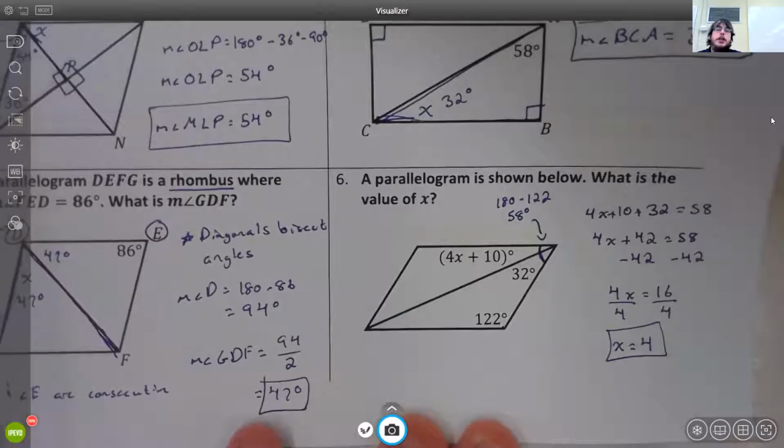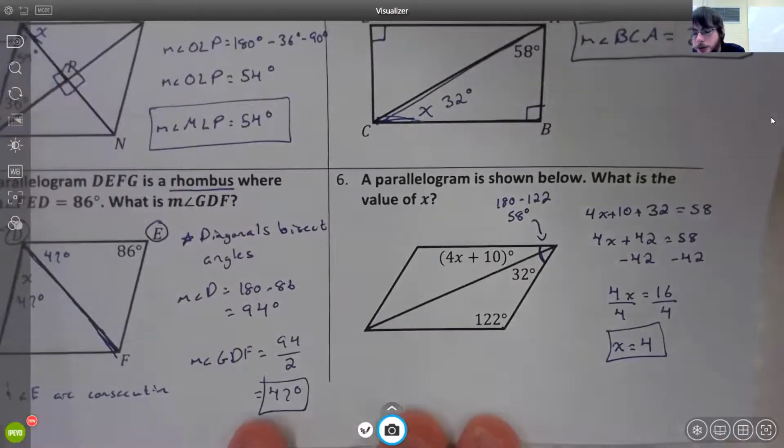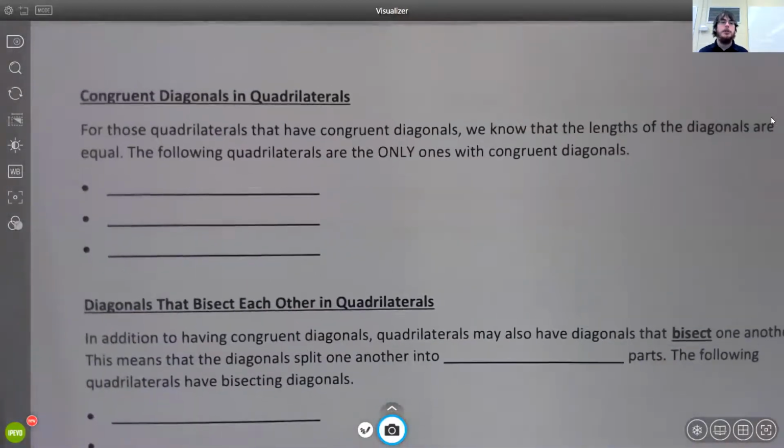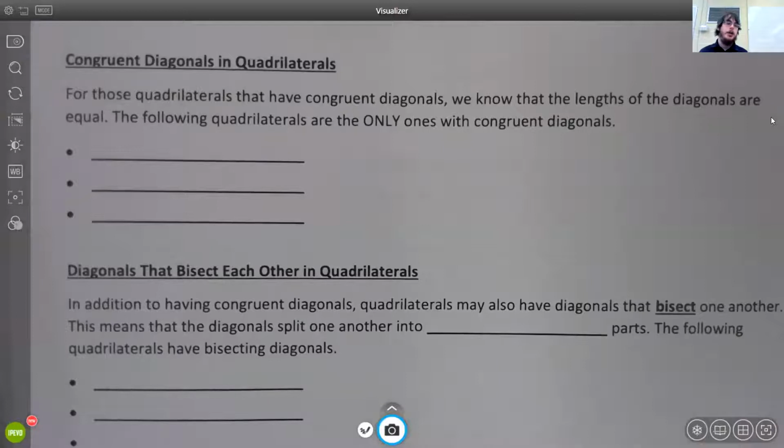So those are problems that involve angles and the diagonals. Now let's look at problems that involve the diagonals and their measures, the segment measures for the diagonals themselves.